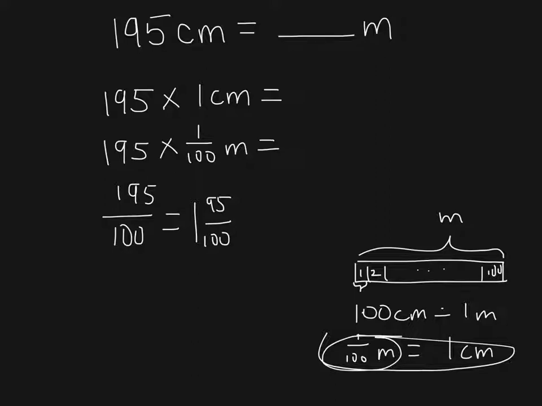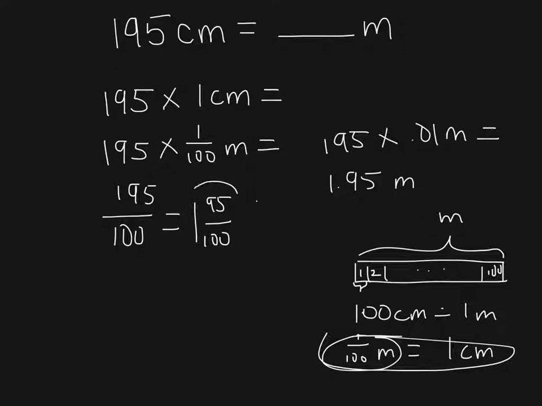Now I just solved it using vertical fractions, as we like to call them in class, but I could have done it with decimal fractions too. I could have called, instead of 1/100th, I could have written for this step 195 times 1/100th of a meter, in which case I am going to get 1 95 hundredths meter.